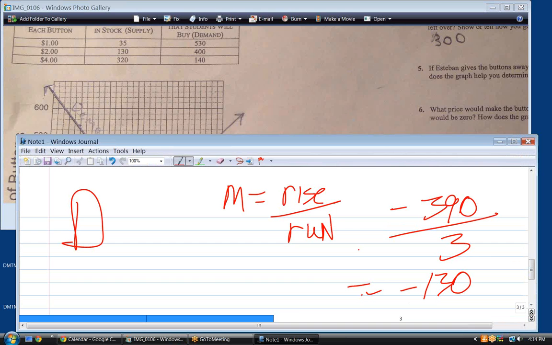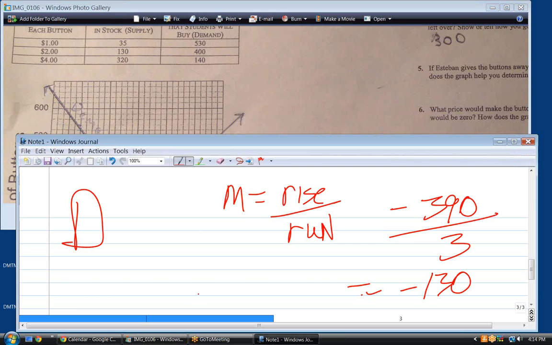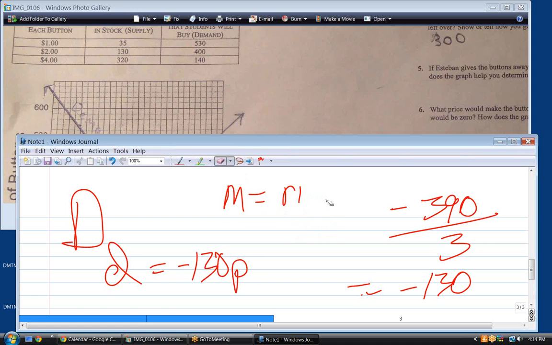If we came out with a positive slope, we would have done something wrong, because we can look at the graph and tell that it's got to be a negative slope. And where is the y-intercept? Now we have our demand function, almost. It's minus 130 times the price. And then what is B on the demand?